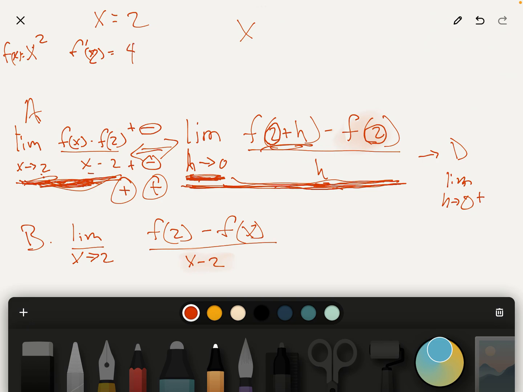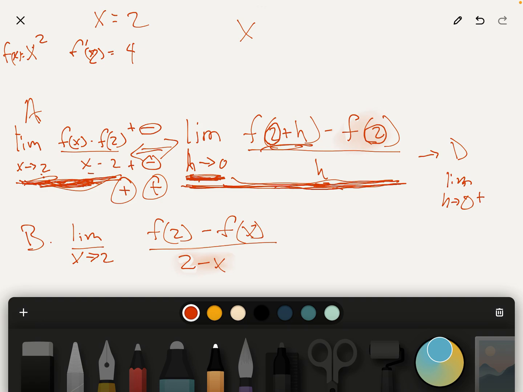Okay, so going back to the original way they've written it, by reversing the signs in the numerator and denominator, they've guaranteed that it's going to come out the same.